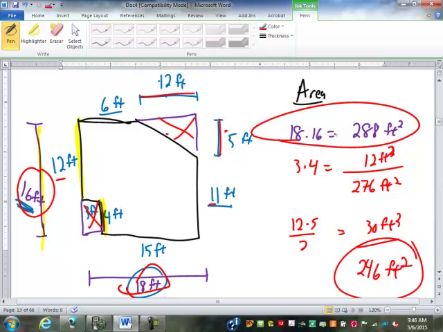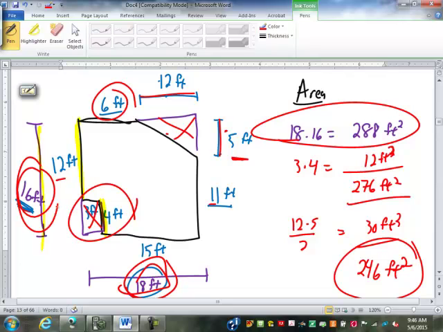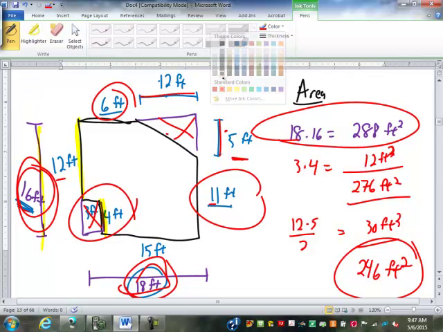Correct. Then the 12 is 3 times 4. Yep, and you subtract that out. And then to figure out the two side lengths there, you subtract each. So 16 minus 11, you got it. 18 minus 6.